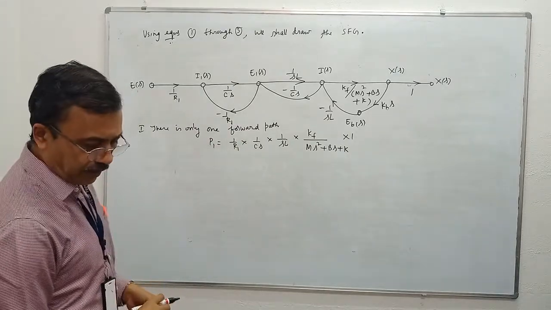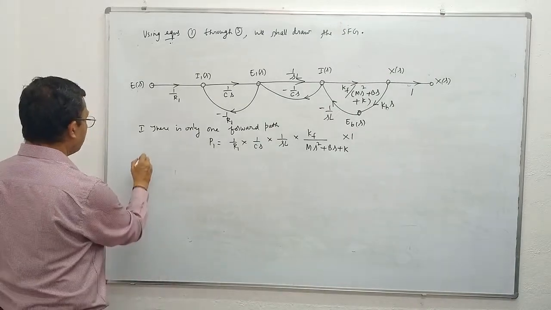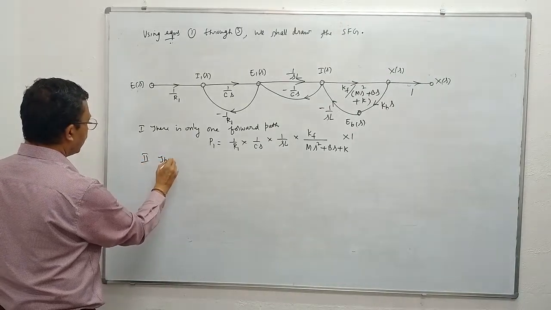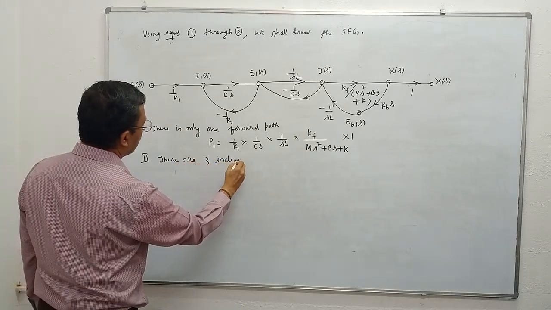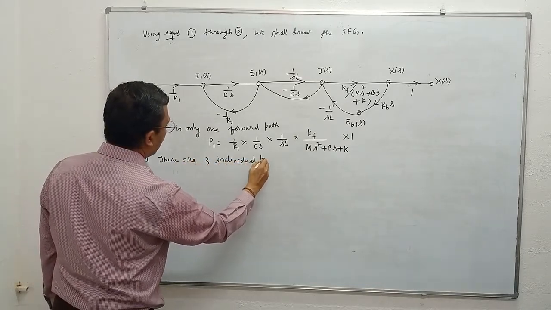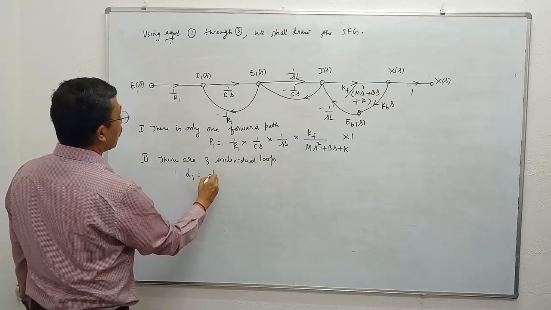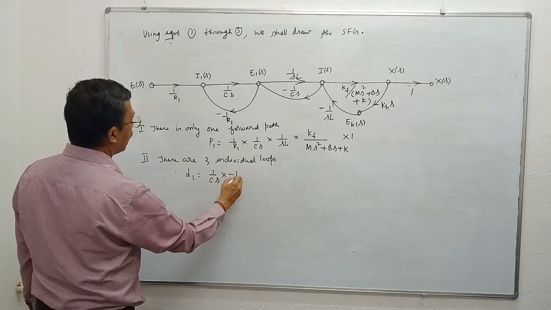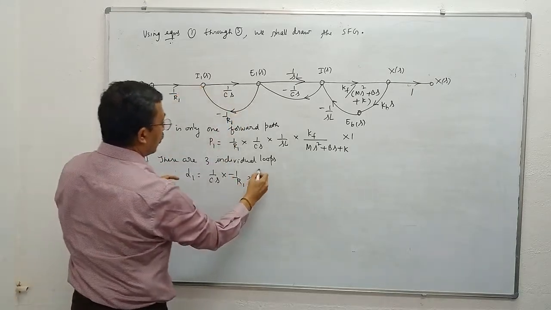How many loops are there? There are 3 individual loops. What are the loop gains? L1 is equal to 1 by CS into minus 1 by R1. This is the loop. What is L2?